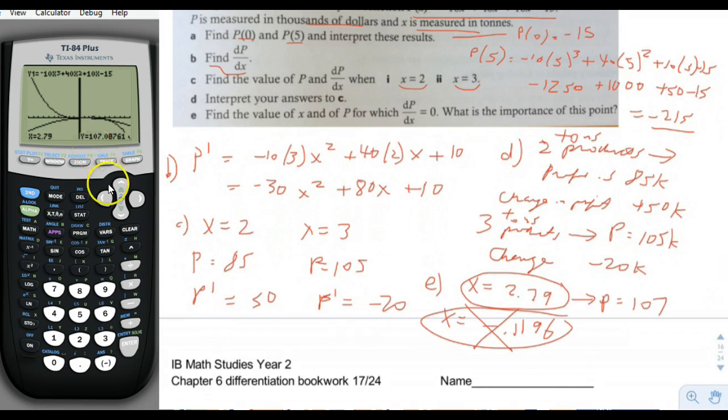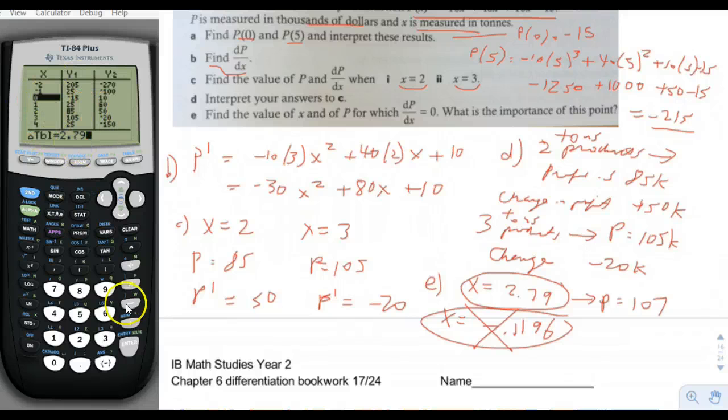And what would be the value of P prime? It would be, I'm going to use a little trick and use the table function to find this value. I'm going to change delta table to 2.79, and then it's going to find exactly y1 is 107 and y2 is negative.